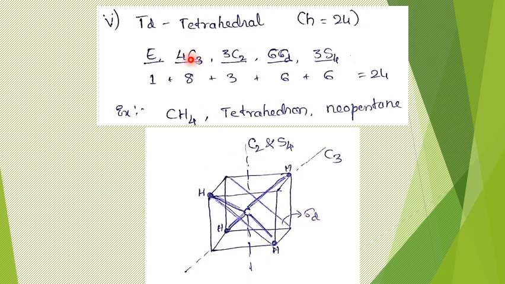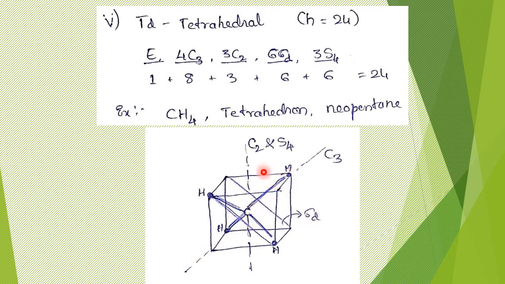So first thing, it has C3. Each CH bond will act as C3. And if we keep this molecule methane inside a tetrahedron, then it will be easy for us to identify symmetry elements in this. So now see this C3 axis, it is passing through 2 opposite corners, and along with that even one CH bond is coming.